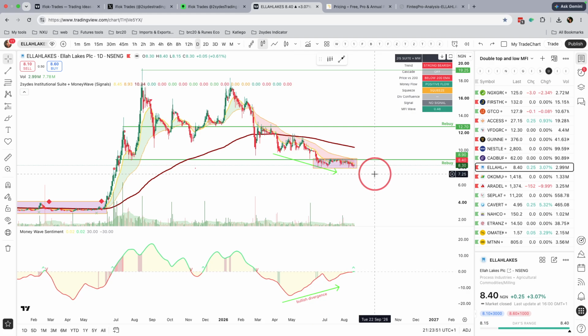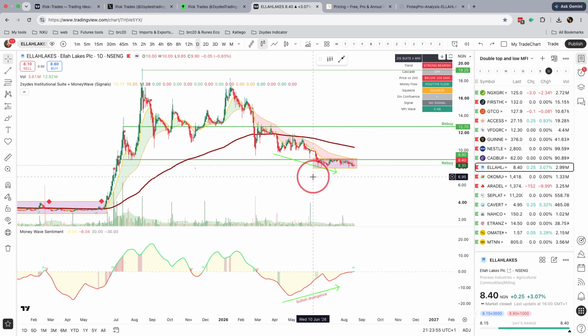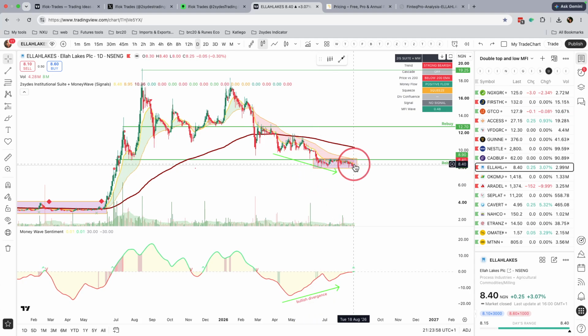Now you must also know, if you follow me for any length of time, that sometimes accumulation and distribution look alike. So is it possible that prices can go down? It remains to be seen, but I think that because we're in positive money flow, most likely prices will go upwards.